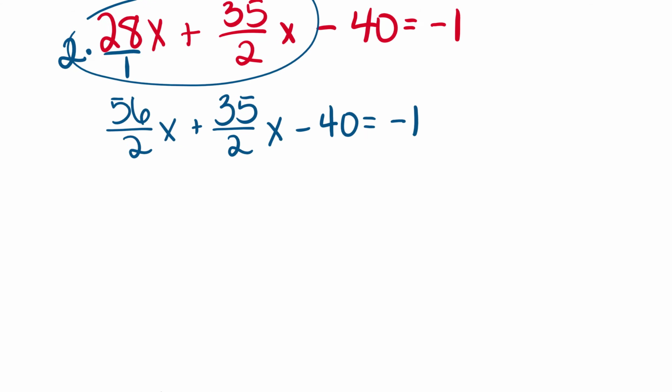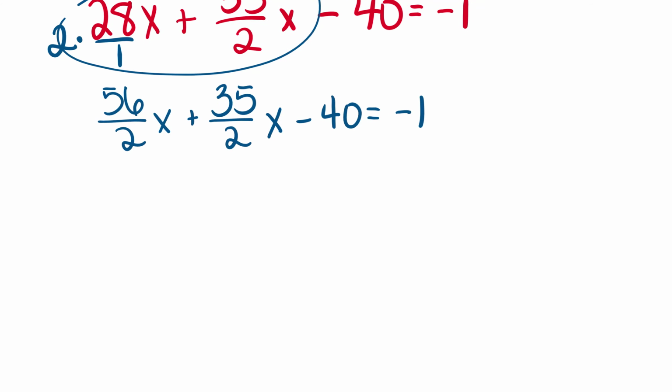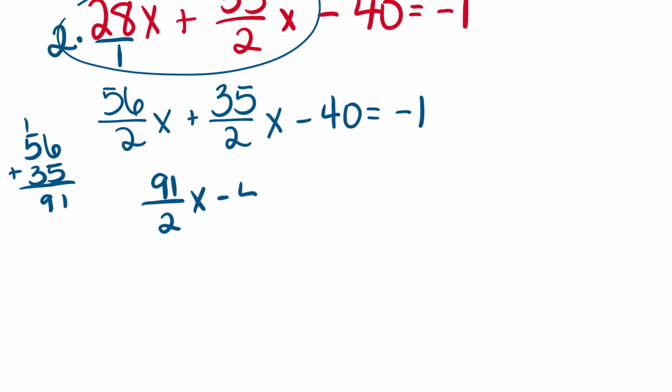Okay, now that these two fractions are both over 2, I can add the top two numbers. If you don't have a calculator, that's fine. I'm going to do it the old-fashioned way. 6 plus 5 is 11, 5 plus 3 is 8, plus 1 is 9, right? So I have 91 over 2x minus 40 equals negative 1.